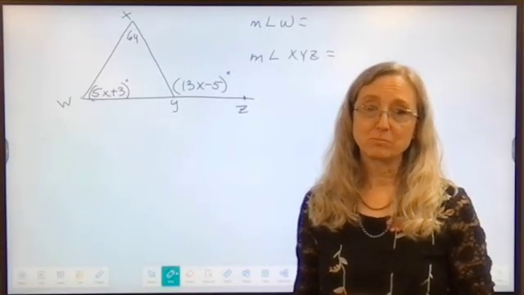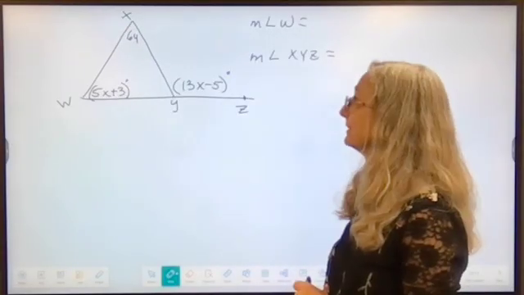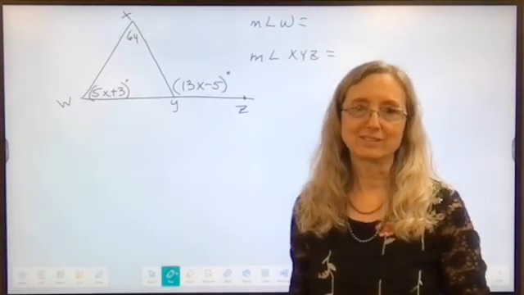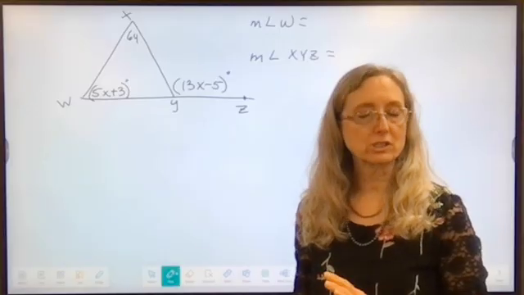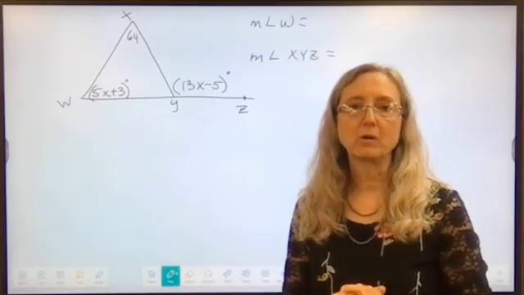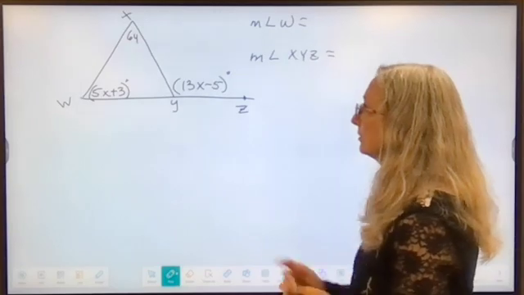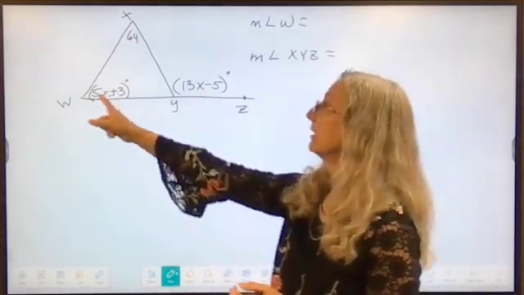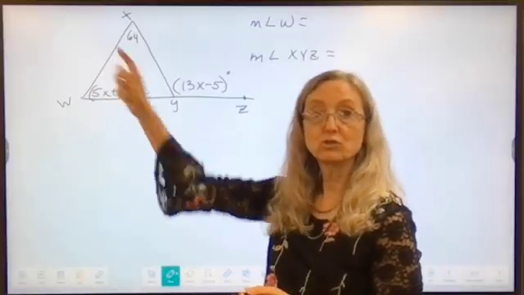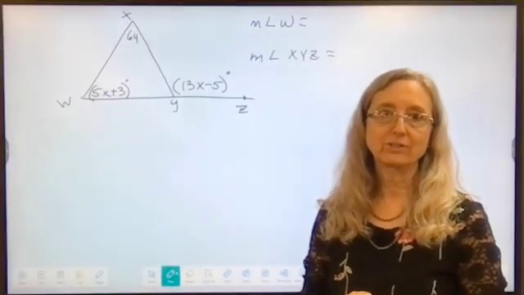Okay, here's an example of the kind of problem that you can get. And yeah, these are not just simple numbers. Looking at this may overwhelm you, but just stop, back up and think about what you know. We know that the exterior angle is equal to the sum of these two remote interior angles.